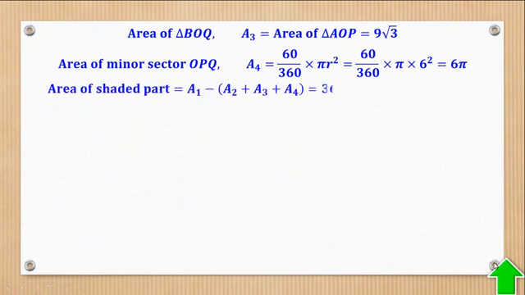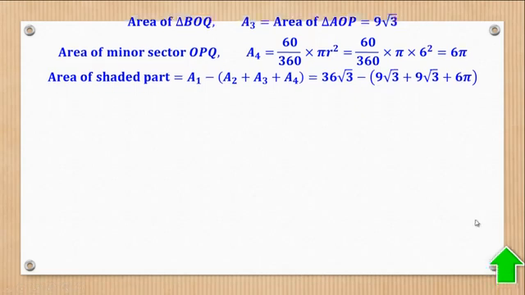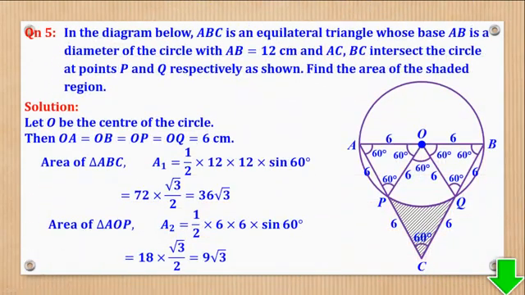Then the area of the shaded part. Remember, we got A1, which is the area of the whole of this triangle. Now, I'm going to first remove A2. A2 is this. I've removed it. I'll also remove A3, which is this. I'll also remove A4, which is this.